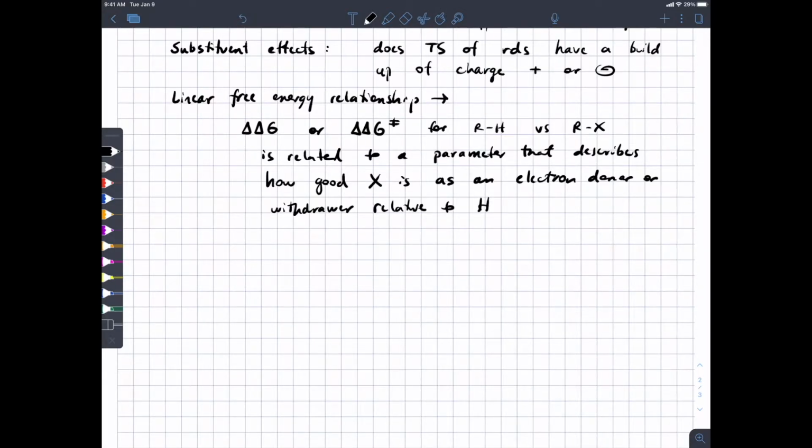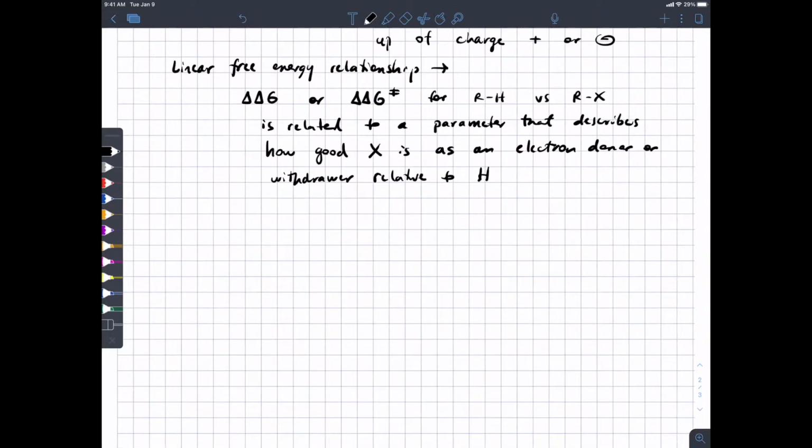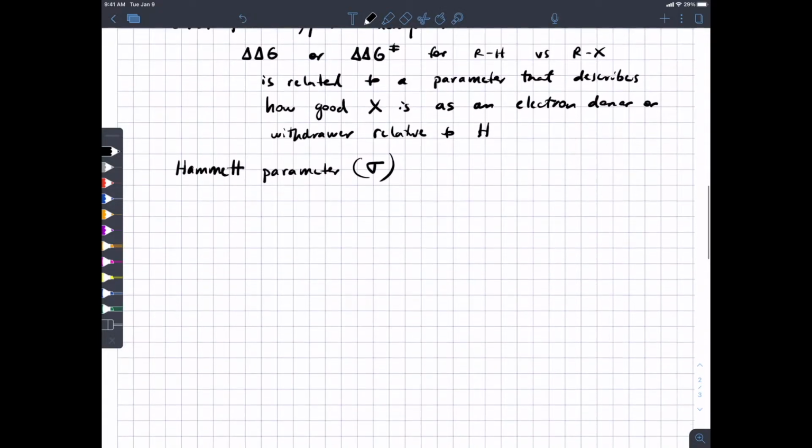And the classic example is the Hammett linear free energy relationship. And so people will talk about a Hammett parameter, sigma. And this is derived from the following reference reaction.